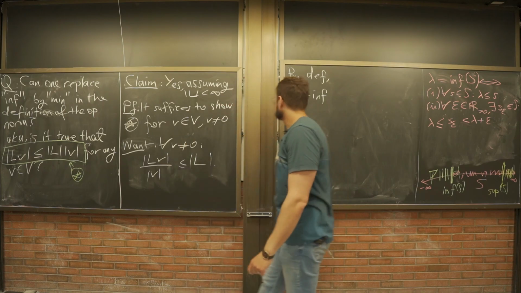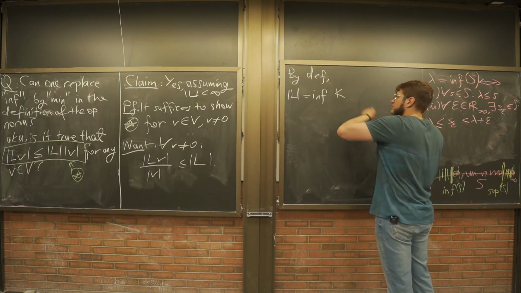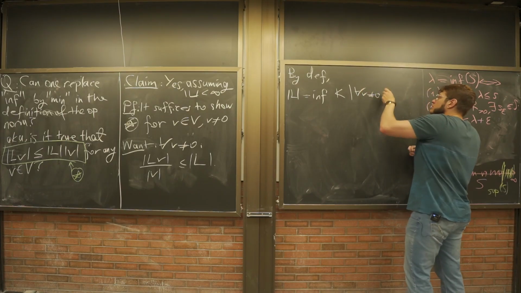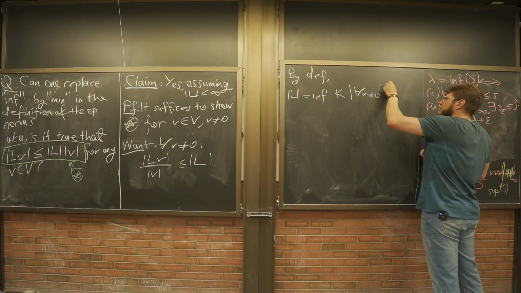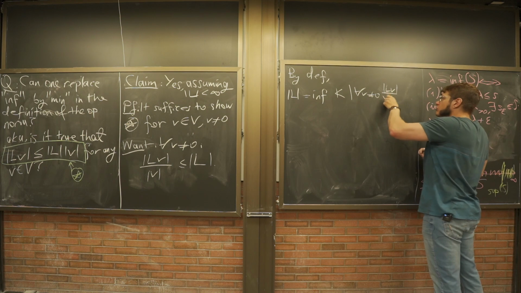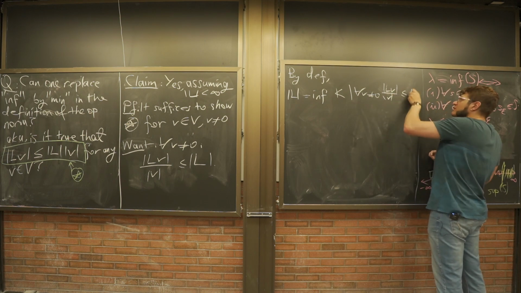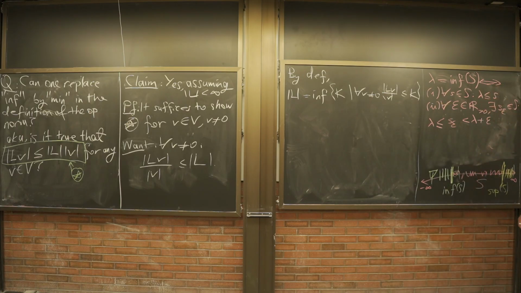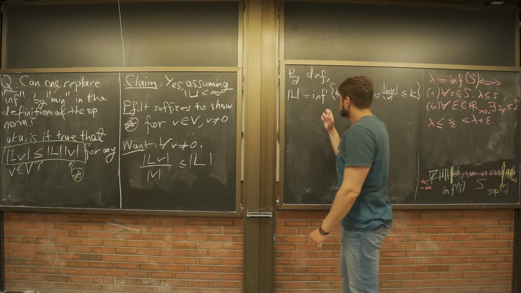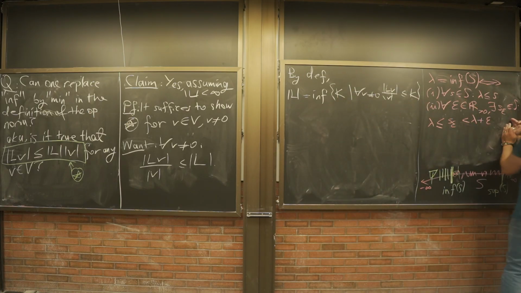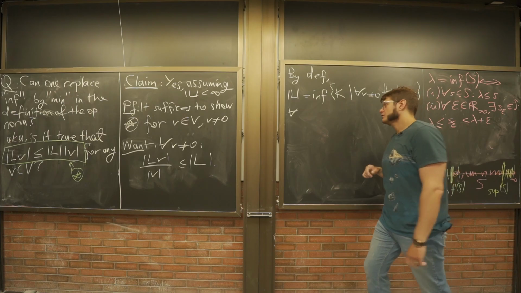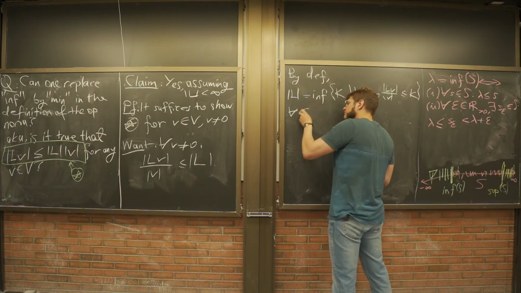Again, by the same reasoning, I can look at the following. It's the inf of all those k's such that for any v non-zero, the norm of Lv divided by the norm of v is bounded from above by k. And so applying the second part gives me that, okay, let's do this in two steps.